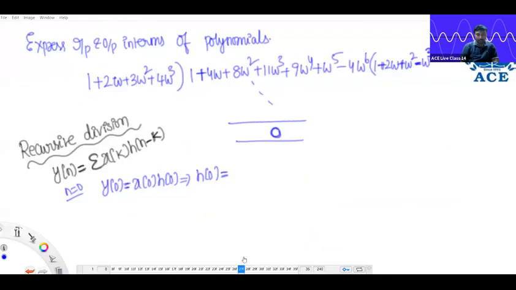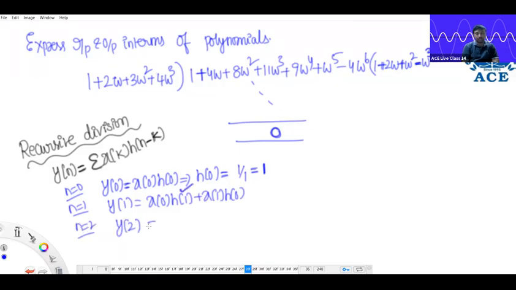1 by 1 equals 1. N value 1 means y1 is x0 h1 plus x1 into h0. What is unknown? h1. N value 2 means y2 is x0 h2 plus x1 h1 plus x2 h0, where h2 is unknown.